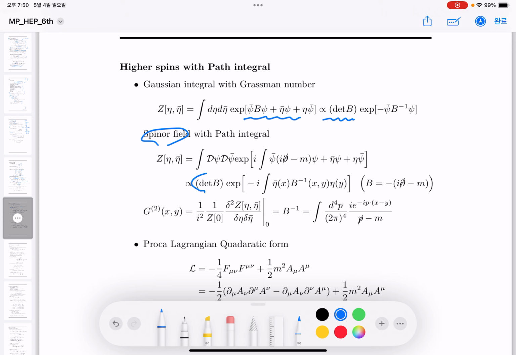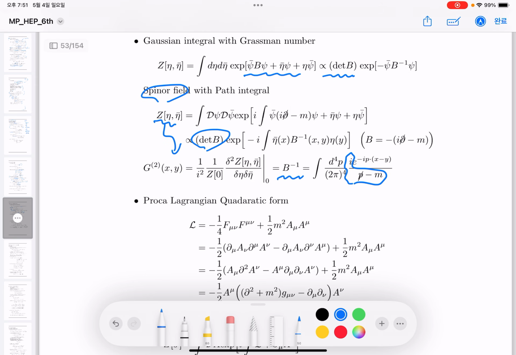So this gives the determinant of B here. Also, if we differentiate the generating function to second order, this gives the propagator. This is the inverse of B, which gives the propagator of the spin 1/2 field, i over p-slash minus m. And similarly, we can obtain the propagator for the vector field from the proper Lagrangian.